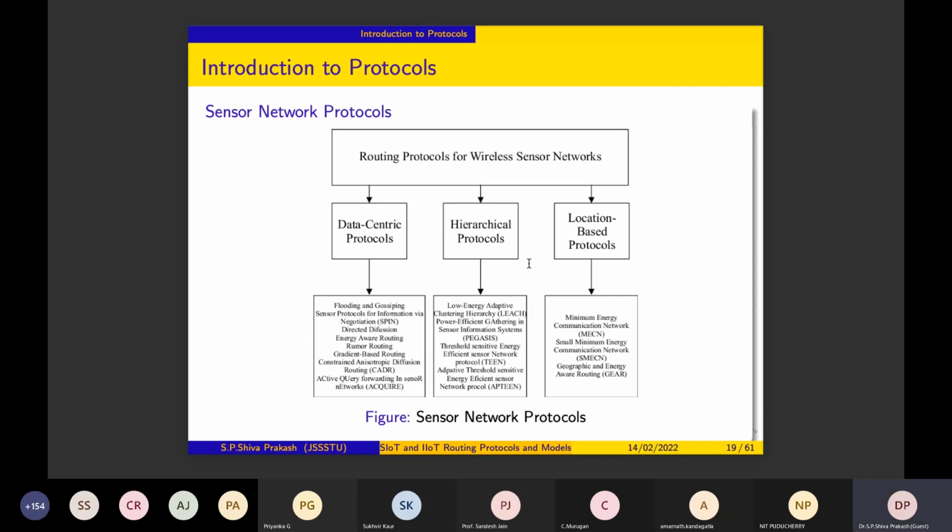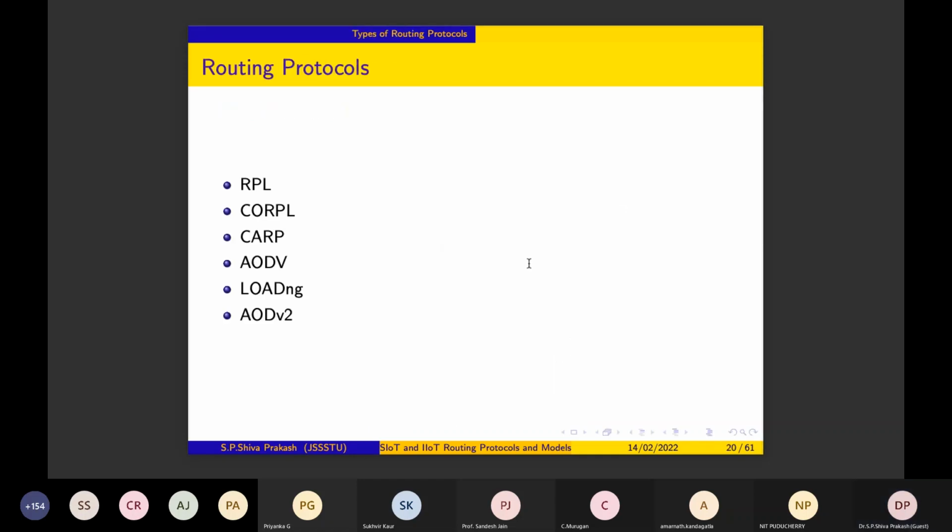When it comes to location-based protocols, MECN or SMECN can be used.